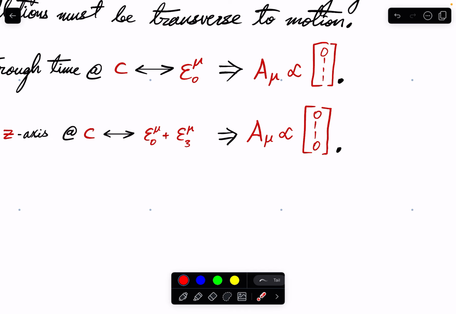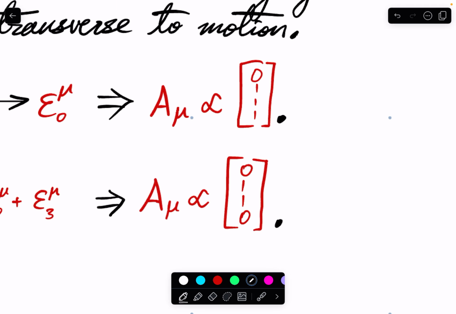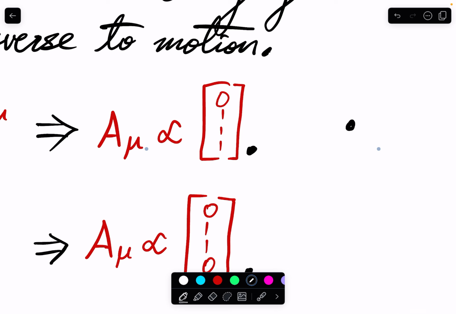So this kind of makes sense. An example of this would be if you have maybe a negatively charged object, then you would have fields coming out of it like this.